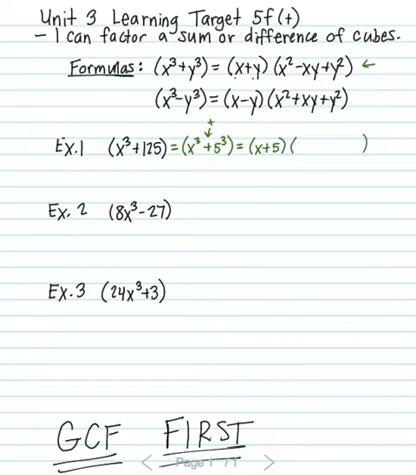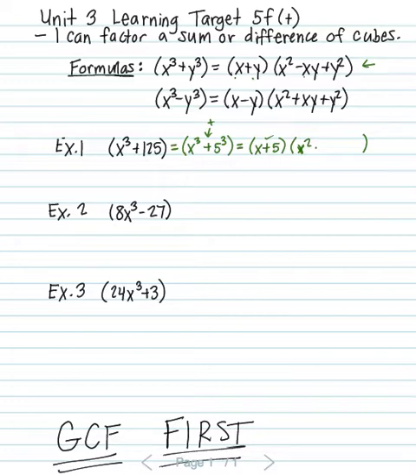Then it says x squared minus xy plus y squared. So since the first thing was positive, we know that the second sign is going to be negative. That third sign is always positive. So x squared is basically just the first thing squared. In this case, our first thing is x. Then the second piece says xy.